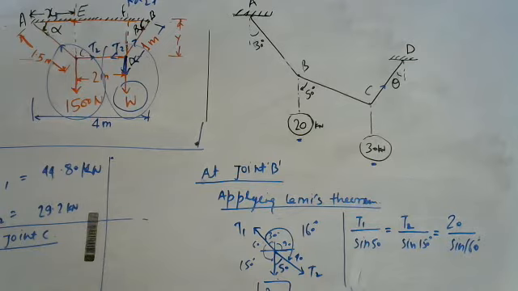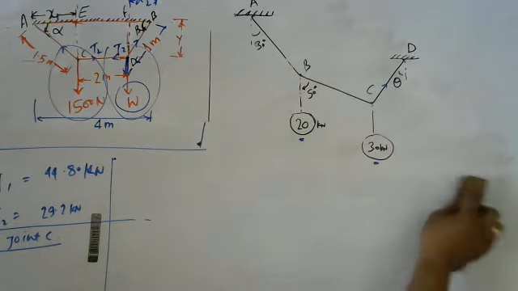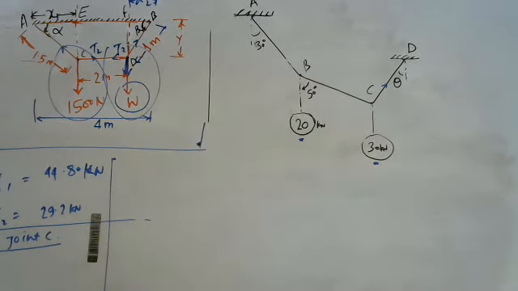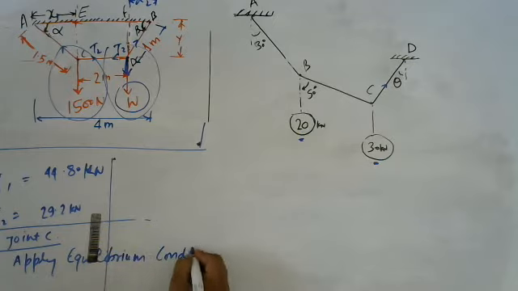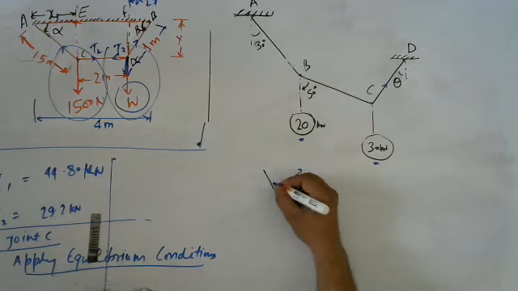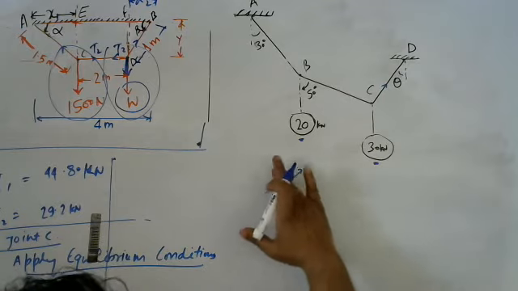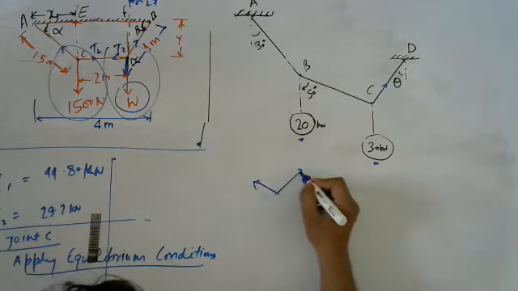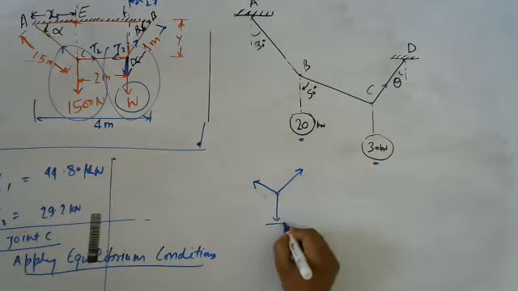So apply equilibrium conditions at joint C. The free body diagram at this joint can be seen like this.